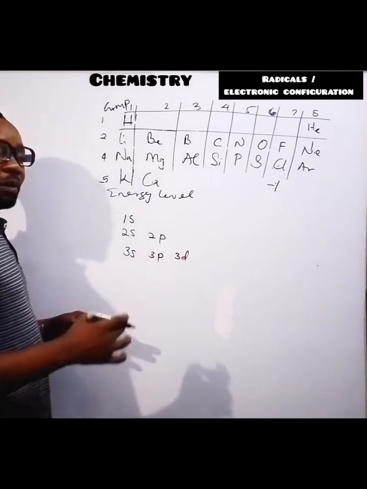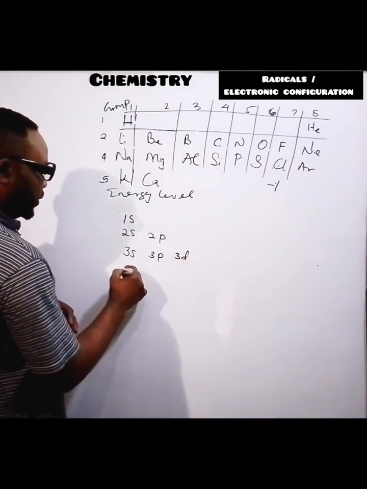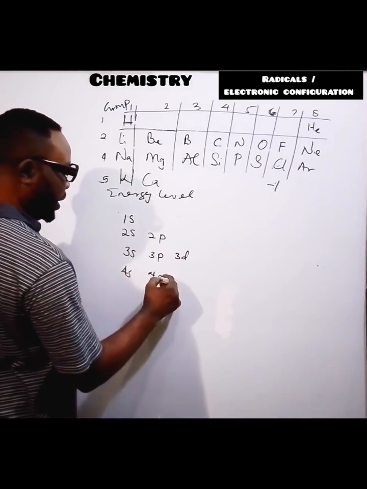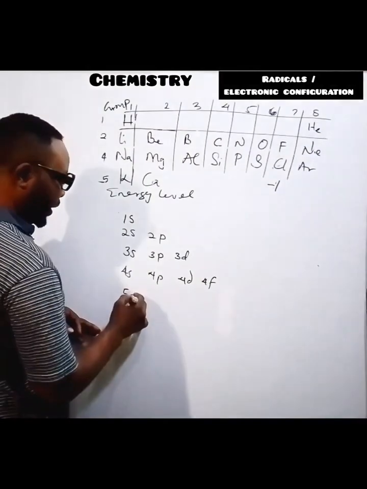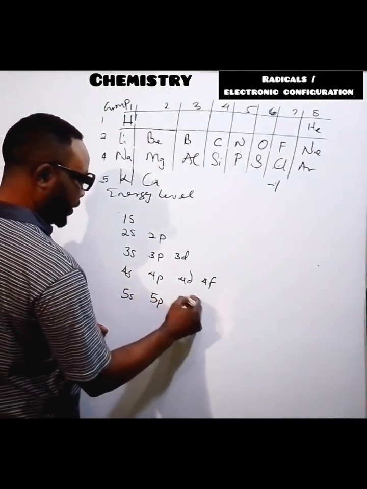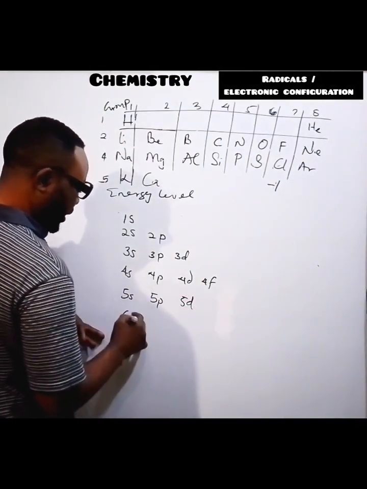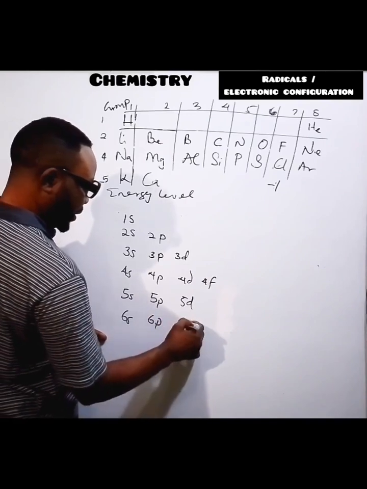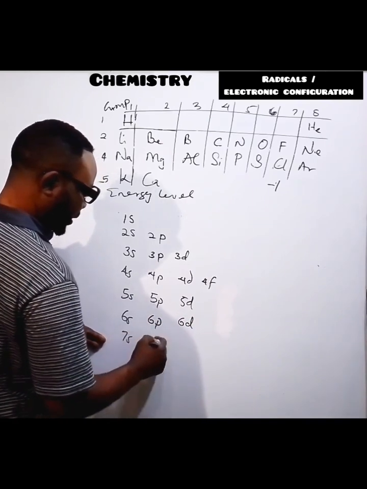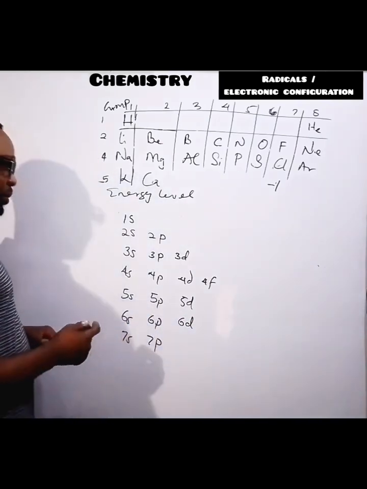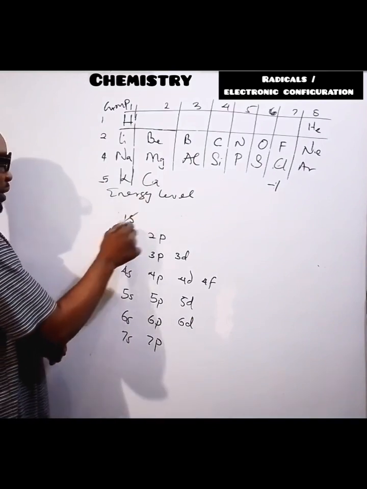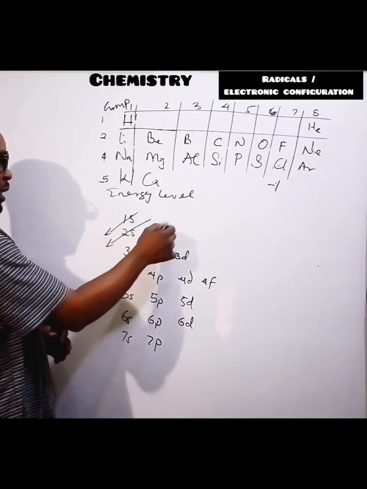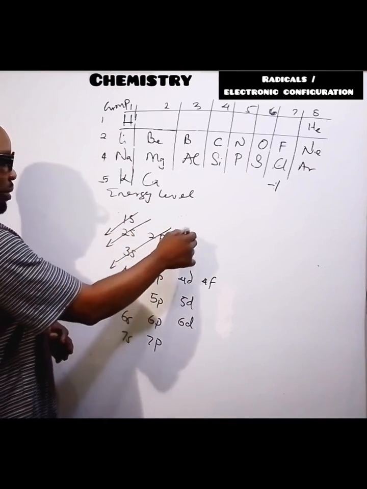I'm doing SPDF. Don't forget. 4s, 4p, 4d, 4f, 5s, 5p, 5d, 6s, 6p, 6d, 7s, 7p. I can have it in this order like this. You can see that the arrow is coming down.